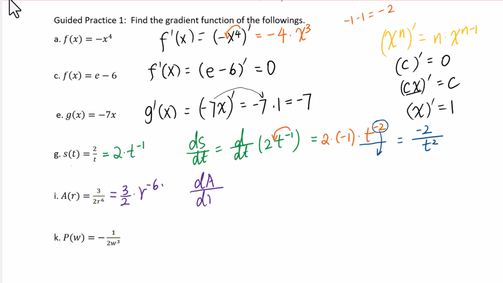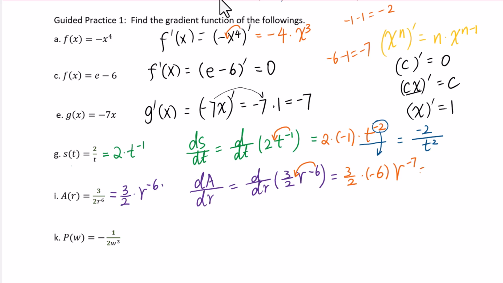So dA dr equals d dr of 3 over 2 r to the power of negative 6 equals, drop down exponents, 3 over 2 times negative 6 r to the power of negative 6 minus 1 equals negative 7 equals, look at the coefficient first, reduce. 3 times negative 3 is negative 9, r to the power of negative 7.